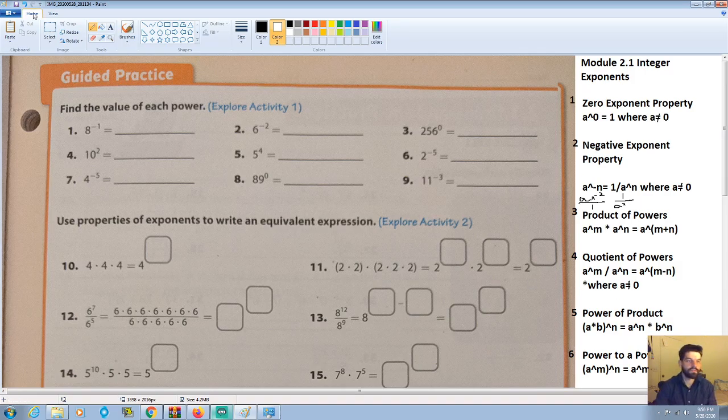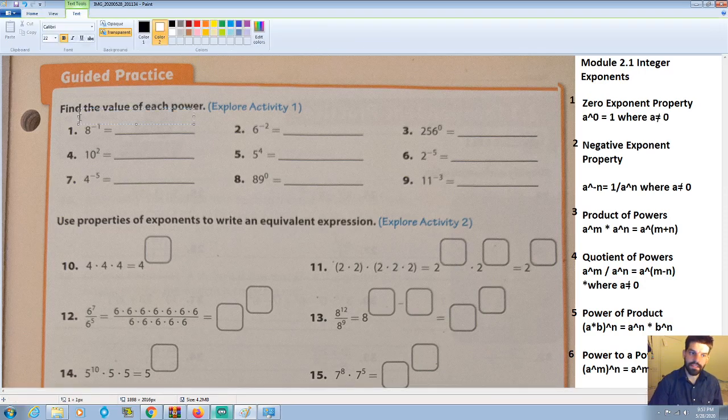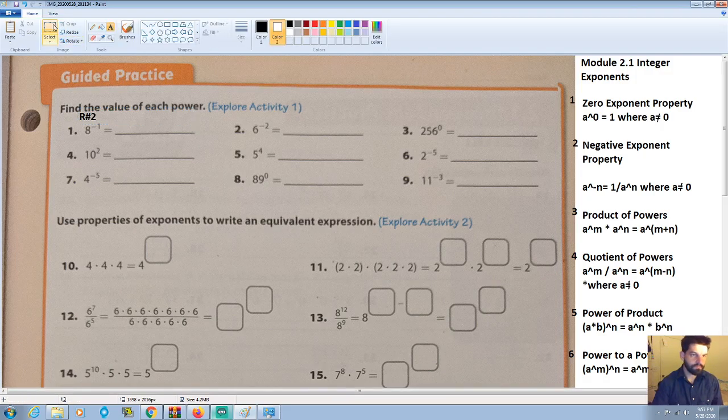Okay, so let's go ahead and look at some of these here. I did number these so I can highlight the rule that we're looking at for each of these questions in the guided practice. So for number 1, we have 8 to the negative 1. That's going to be rule number 2. So this is where, again, we want to illustrate this as the value itself over 1, and we want to change the orientation that it's in with respect to the fraction.